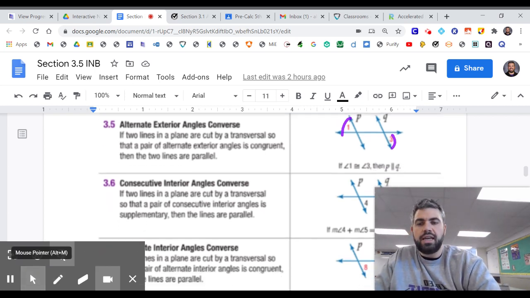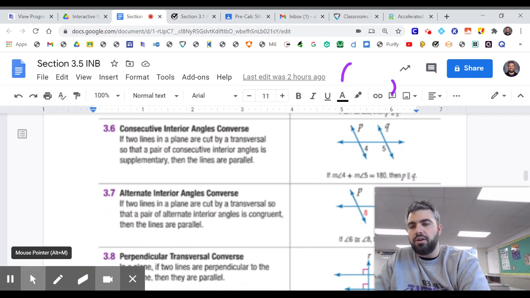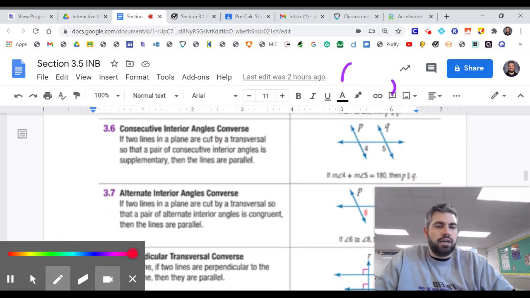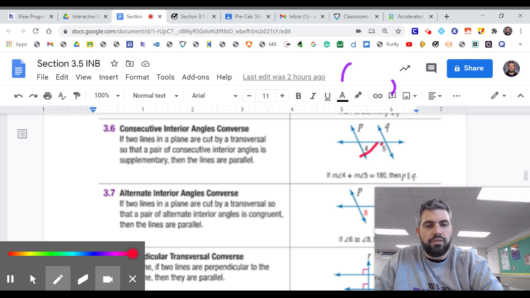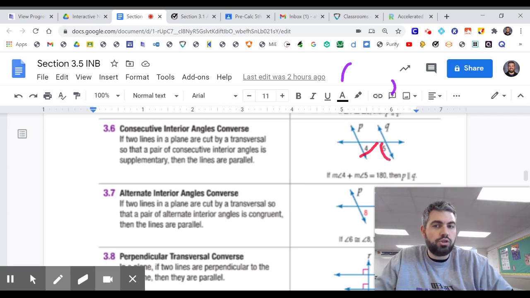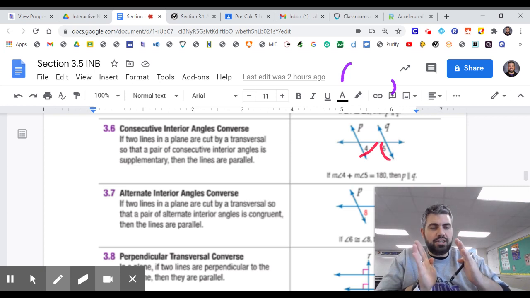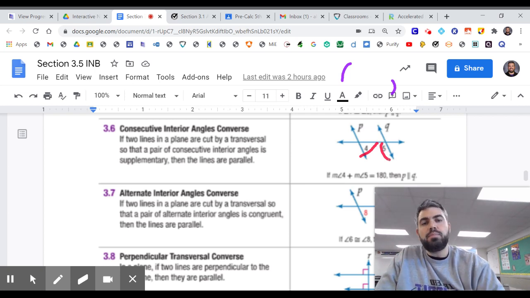All right, let's look at the next one, consecutive interior. So if we have two angles, in this case 4 and 5, and they tell us that those two add up to 180, because remember, interior angles add up to 180. So if we know that 4 and 5 add up to 180, it proves that P and Q are also going to be parallel.